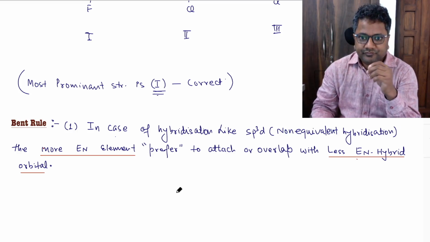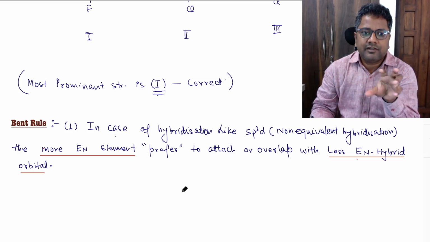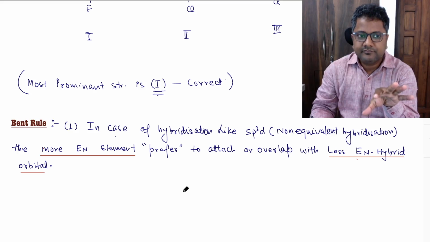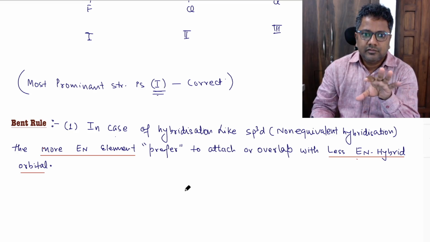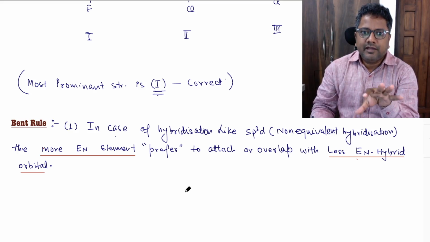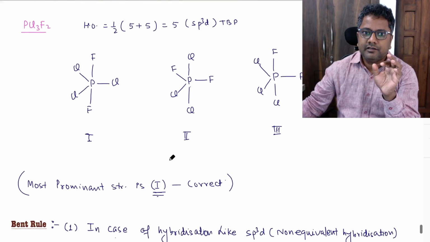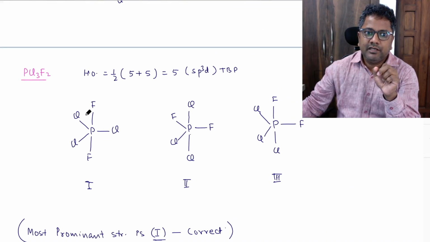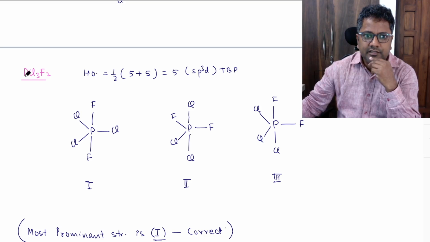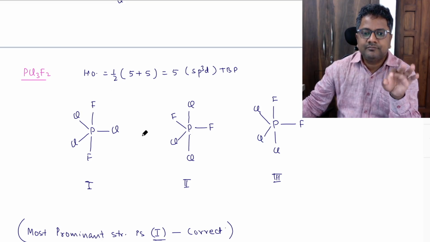So, if you have elements of different electronegativity in any molecule, like here PF2Cl3, and in case of non-equivalent hybridization, see, non-equivalent hybridization is there.